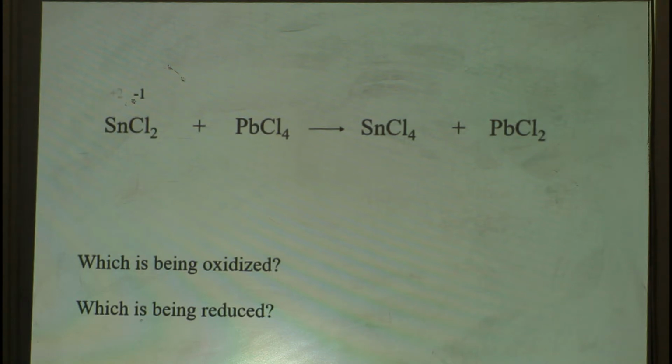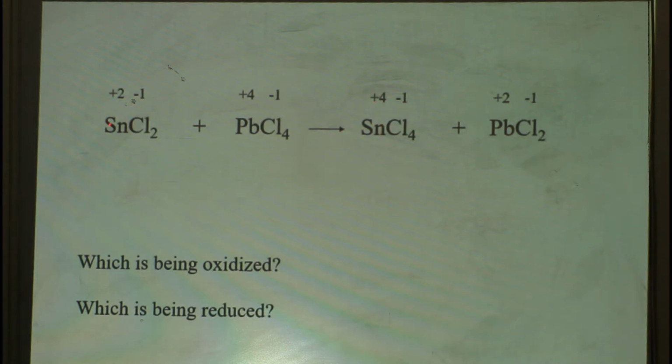Let's look at this. Now you realize that the tin here is in the state of +2, but the tin here is +4.